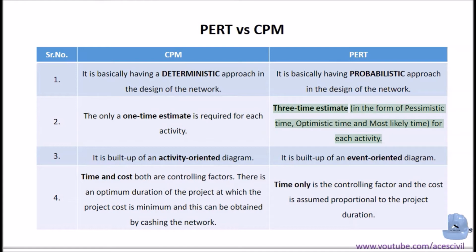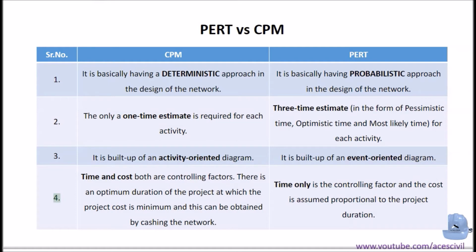In PERT, three time estimates are required, in the form of pessimistic time, optimistic time, and most likely time, for each activity. 3. CPM is built up of an activity-oriented diagram. PERT is built up of an event-oriented diagram.